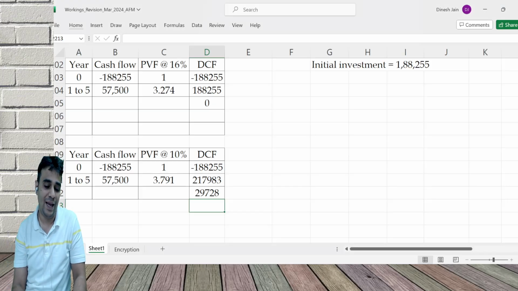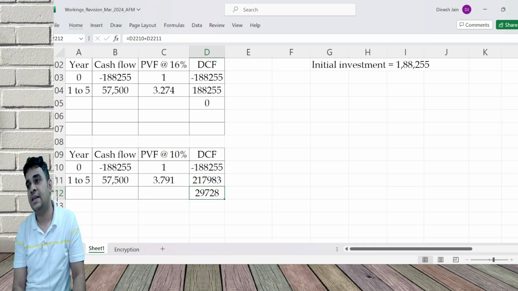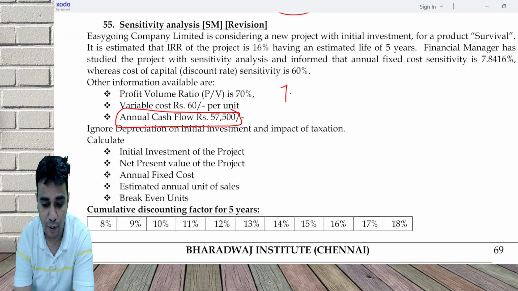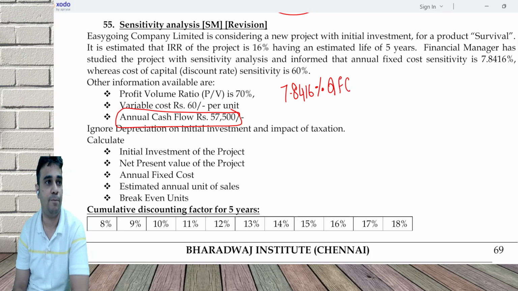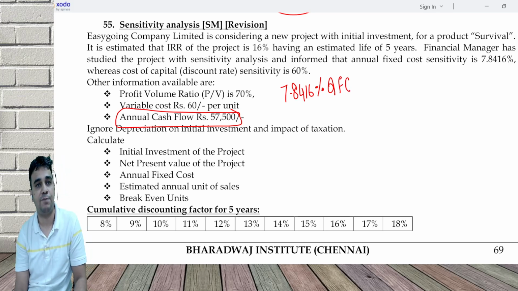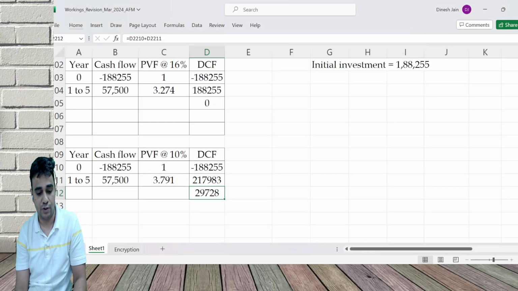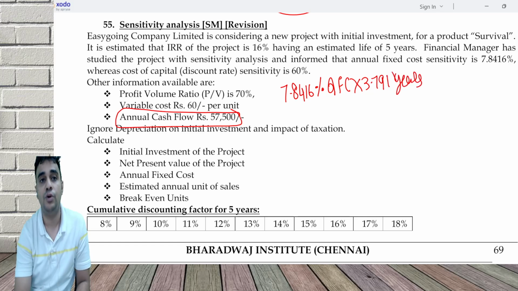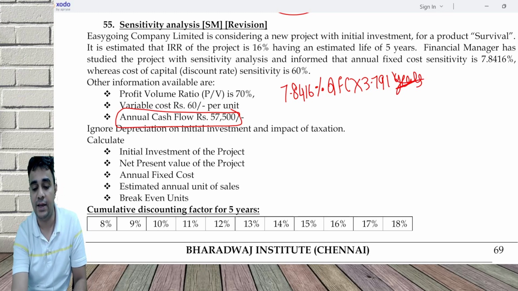So my NPV today is 29,728. Listen, 7.8416 percentage of fixed cost, into the 3.791 annuity factor.